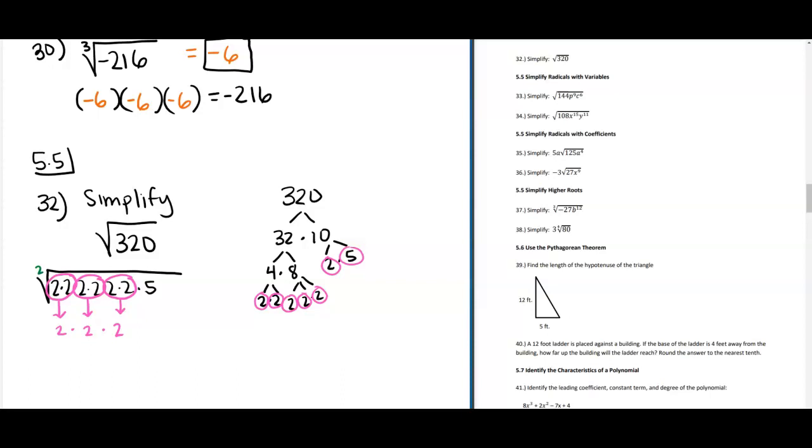It does not get to come out of that square root. So we still have that square root of 5 here. Now let's simplify what we have on the outside: 2 times 2 times 2 gives me 8, and then the square root of 5. So 8 square root of 5 would be your simplified answer on this.